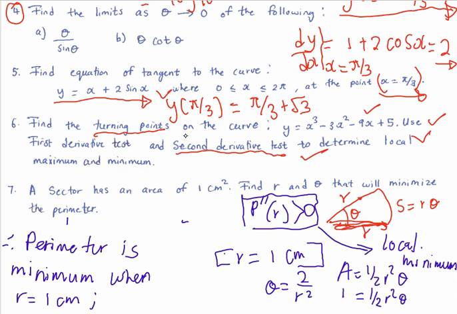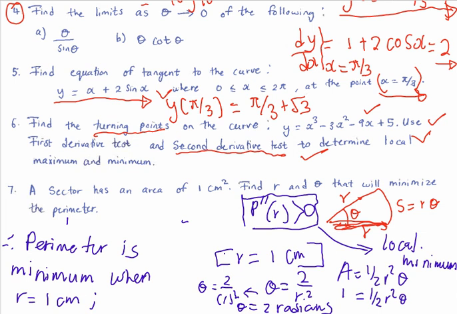So since now we know that the minimum r is 1, when you substitute here, we're going to have theta equals to 2 over 1 squared, which means theta is equals to 2 radians, for where the minimum radius is 1.